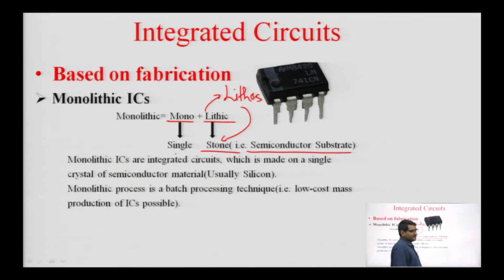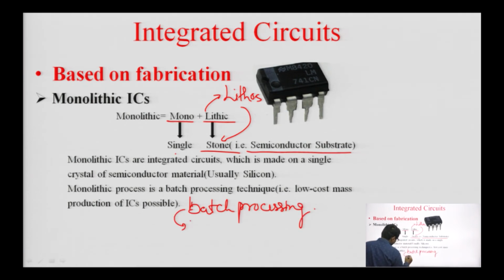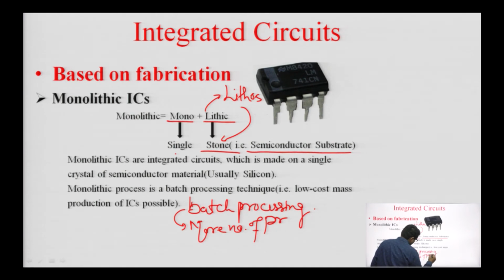Monolithic is a batch processing technique. बैच प्रोसेसिंग टेक्निक मीन्स, बैच प्रोसेसिंग माने मीन्स क्या होता है ये मैं बता दूं। बैच प्रोसेसिंग मीन्स होता है more number of products per unit time.